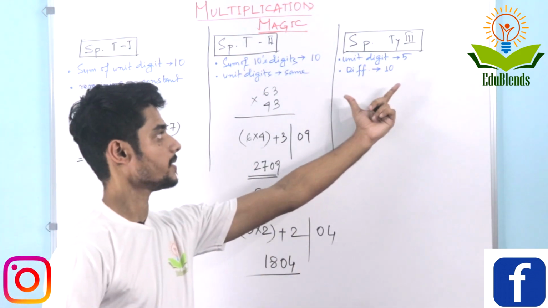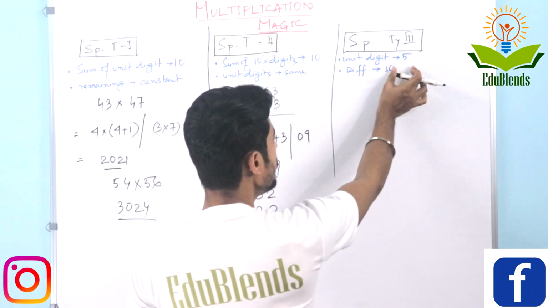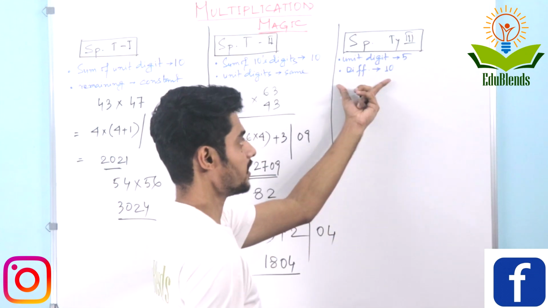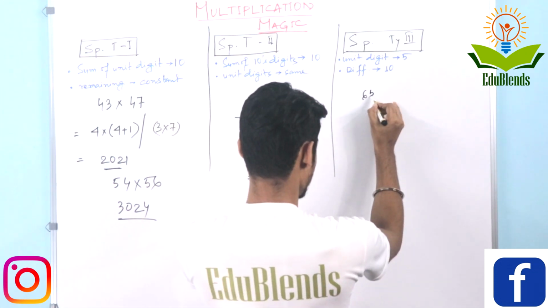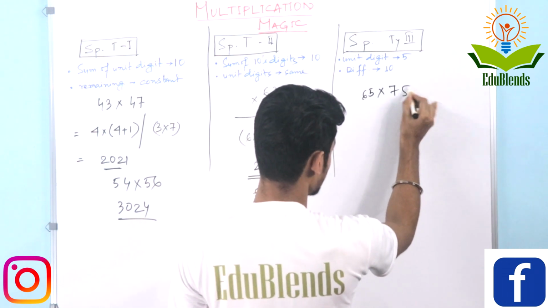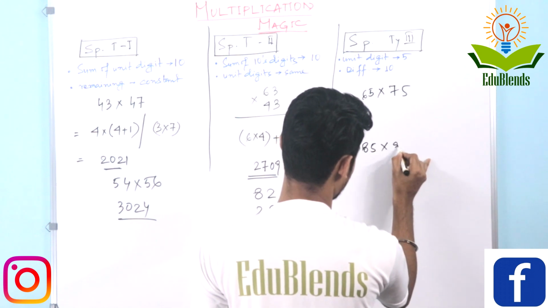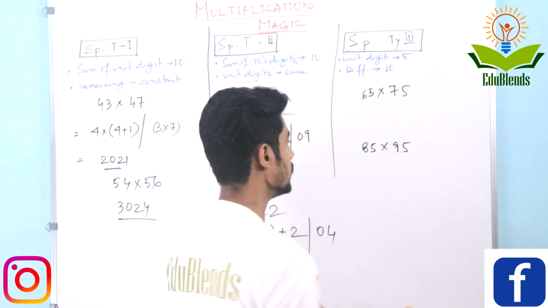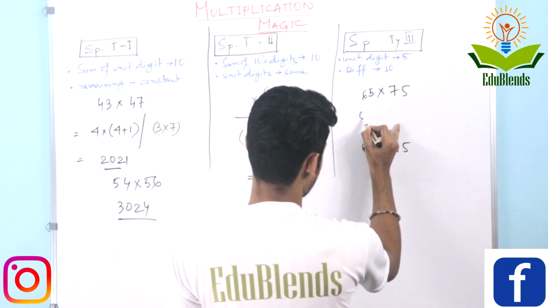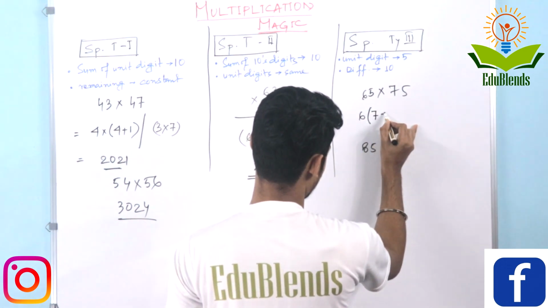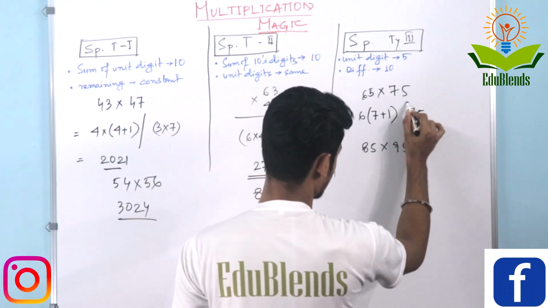Now moving to special case type 3. The unit digit is 5 and the difference is 10, like 65 into 75, or 85 into 95. So what we need to do? We just have to write 6 into 7 plus 1 and directly 75.